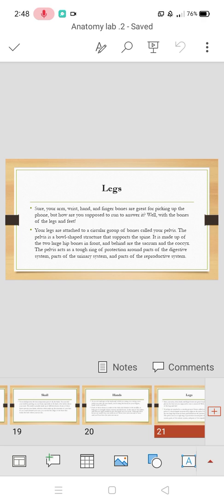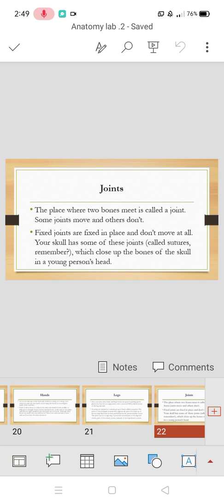It is made up of the two large hip bones in front, and behind are the sacrum and the coccyx. The pelvis acts as two rings of protection around parts of the digestive system, parts of the urinary system, and parts of the reproductive system.